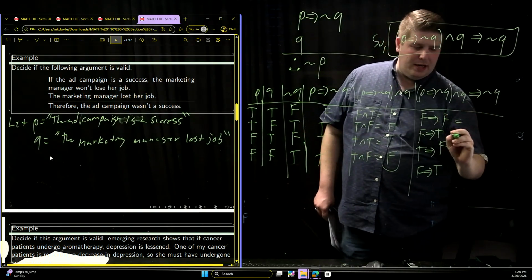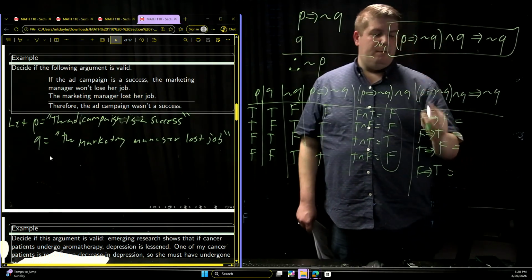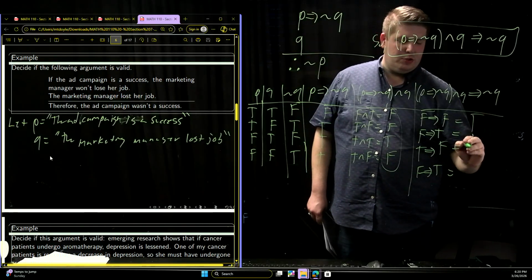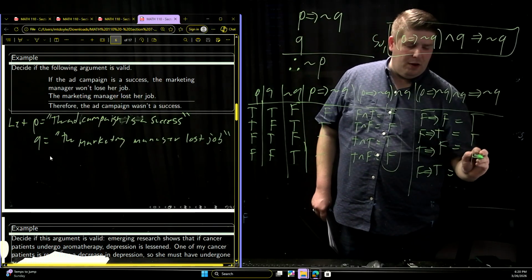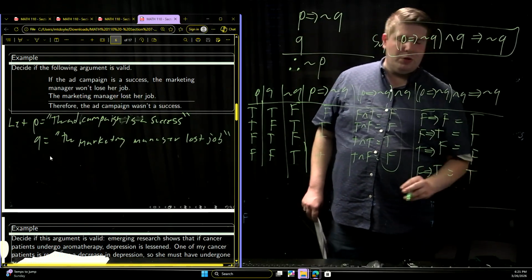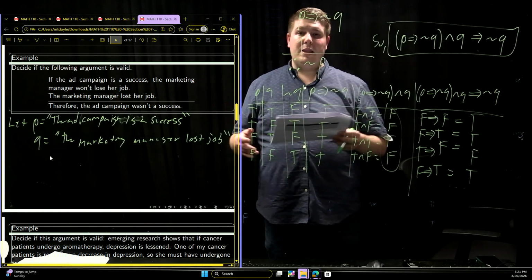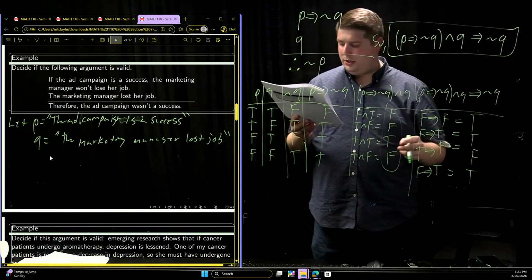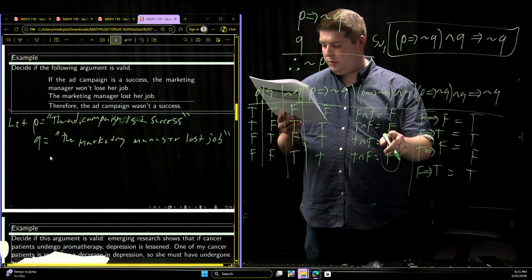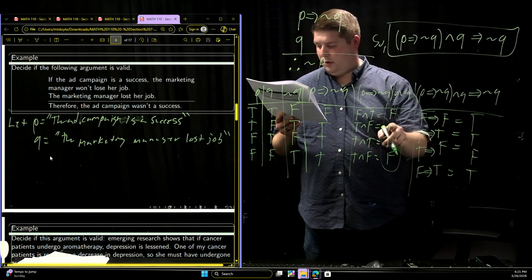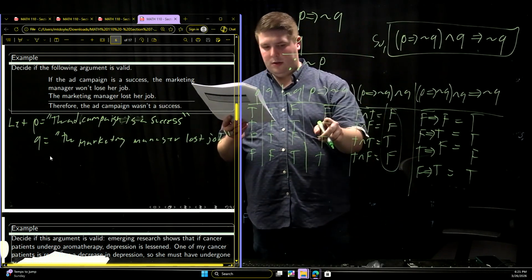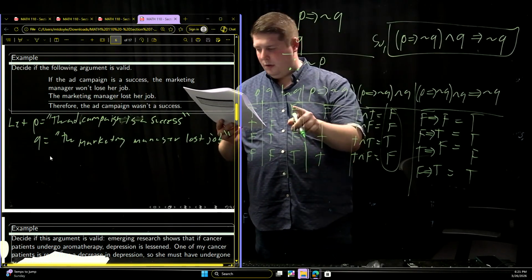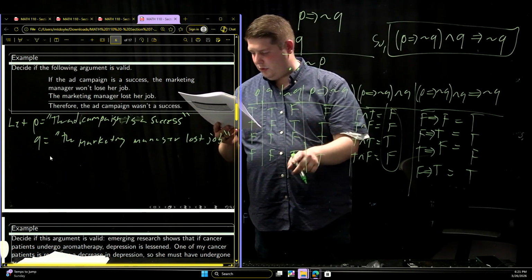Okay, so what does that equal? False implies false is true, false implies true is true, true implies false is false, and false implies true is true. So therefore, actually, what did I do wrong? This should all be true. False, false, true, false. Okay. False, true, true, true, true. False, true, false, true.